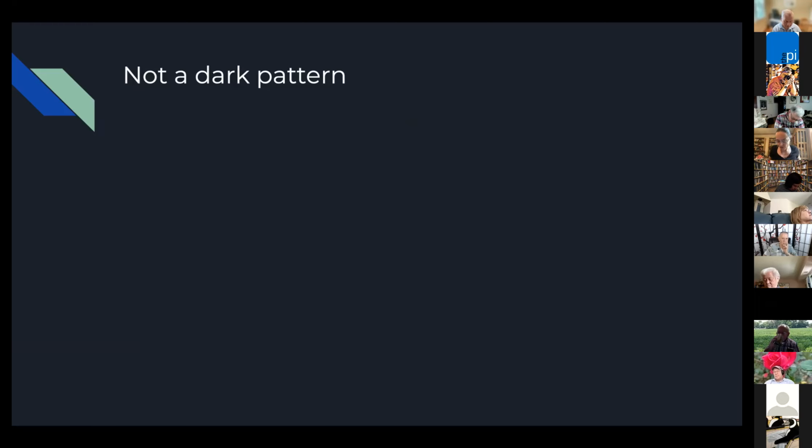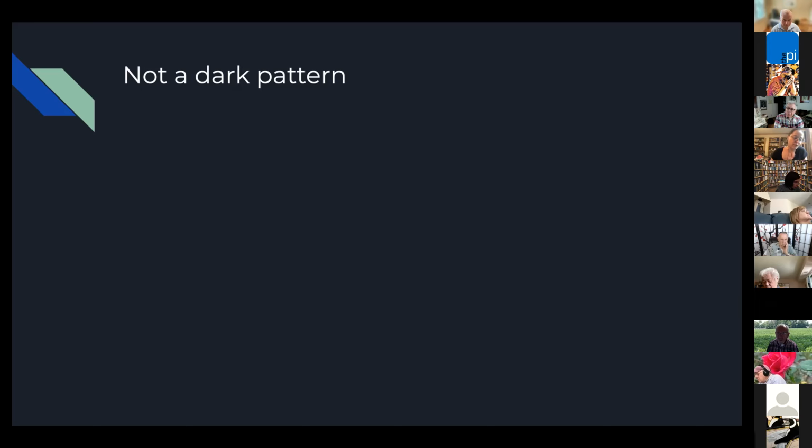So before we get into all these examples, I wanted to show you what would not be a dark pattern. If you think about browsing online today, we get tons and tons of pop-up boxes for cookies, asking for consent for tracking cookies.